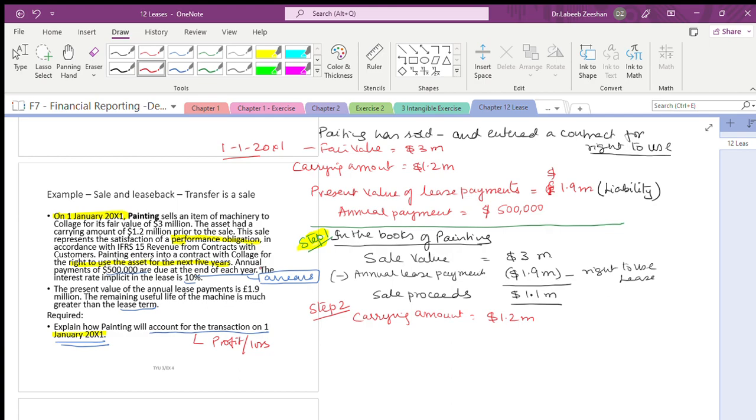Within the lease payment, how much are you paying? The annual lease payment is how much? It is 1.9. Total annual lease payments.